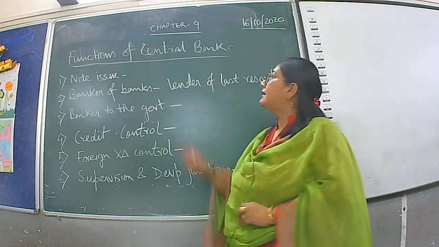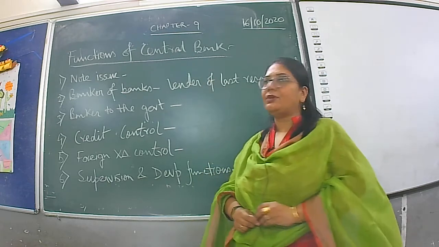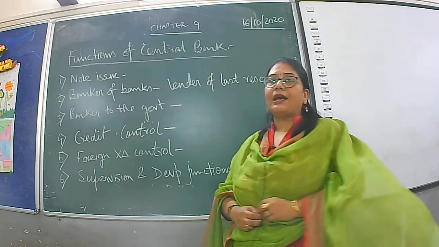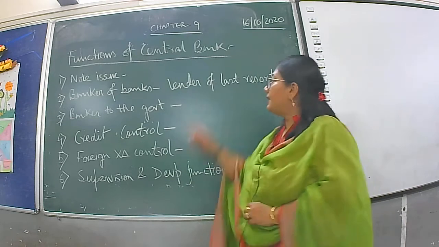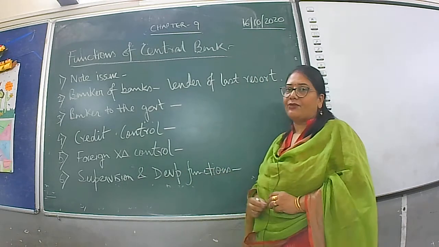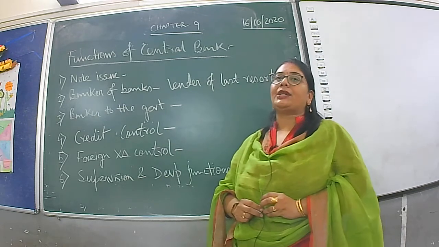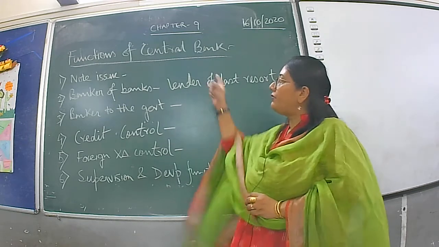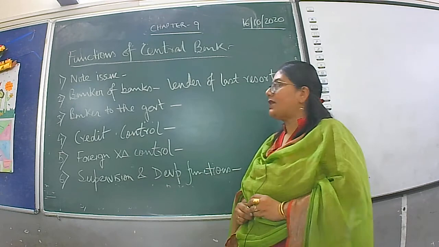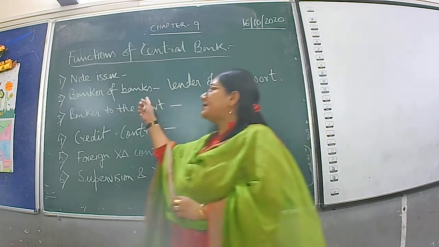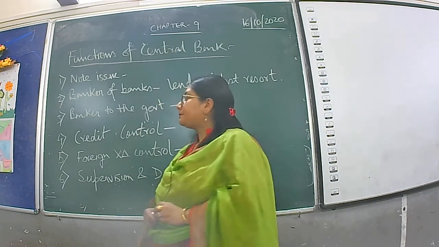That's why the central bank is also known as lender of the last resort. This term is used because at any time of financial stringency, the central bank helps the commercial banks. That's why it is a banker of banks.